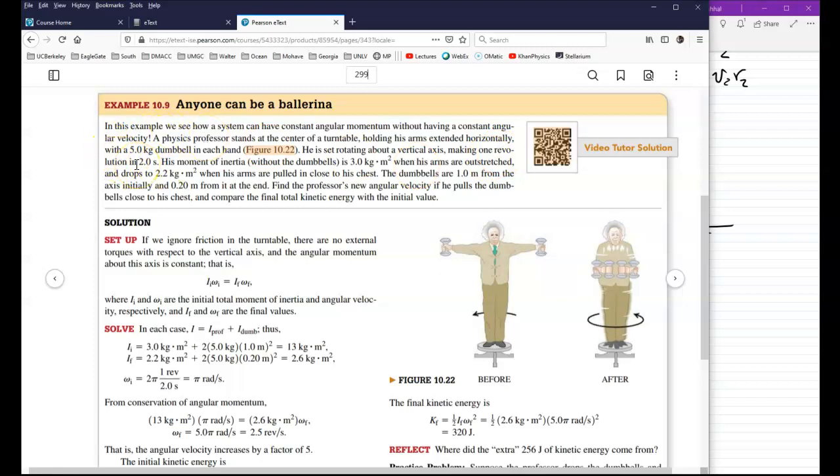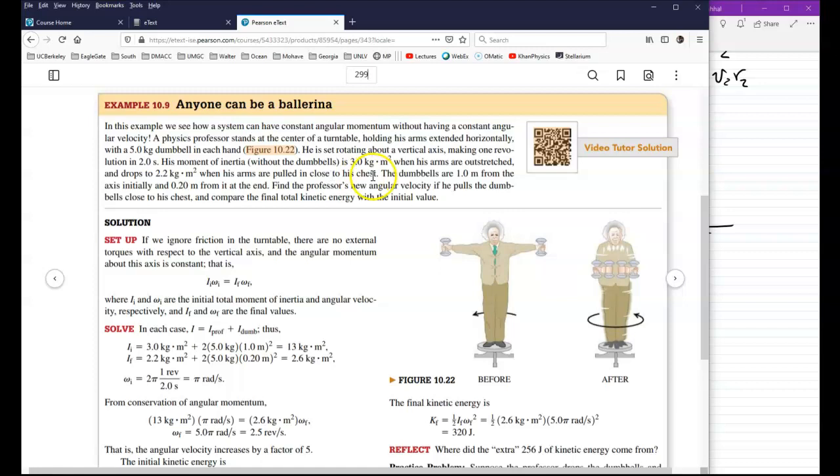So he gives you omega in a funny unit, but he gives you omega. His moment of inertia without the dumbbells is 3 kilogram meters squared when his arms are outstretched, and drops to 2.2 when his arms are pulled in close to his chest.